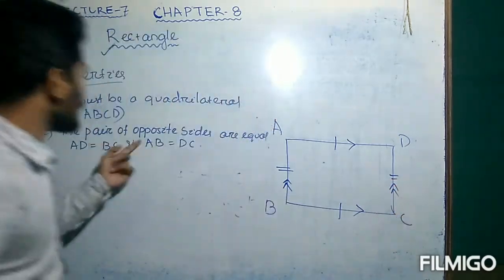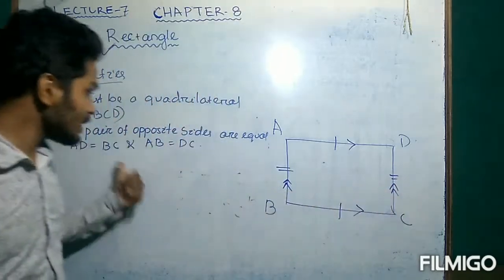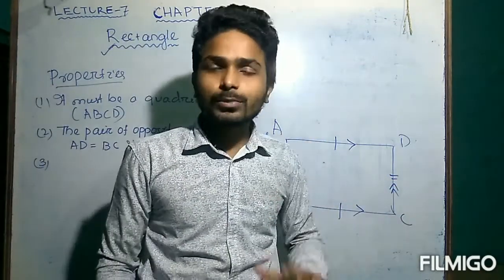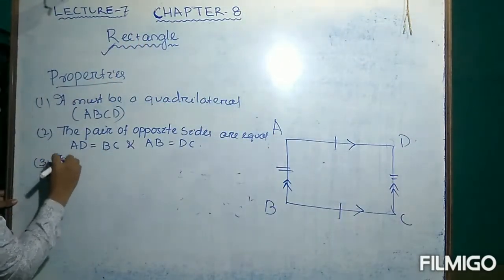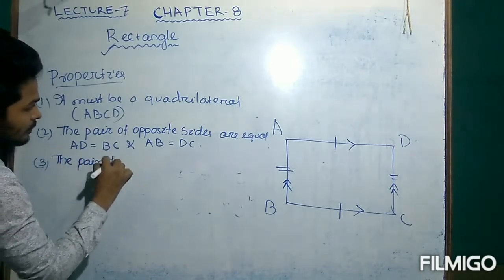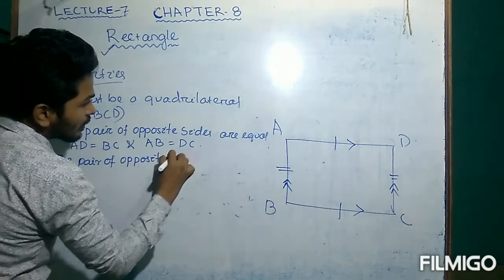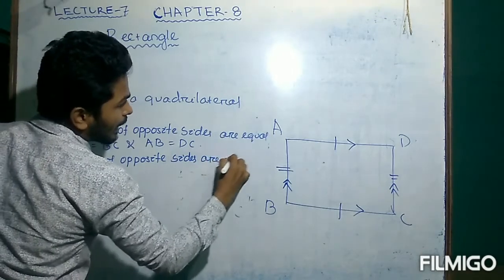Initially in property 2 we discussed that the pairs of opposite sides are equal. But in the third property we discuss that the opposite pairs of sides are also parallel. Right? So you can write: the pairs of opposite sides are parallel.